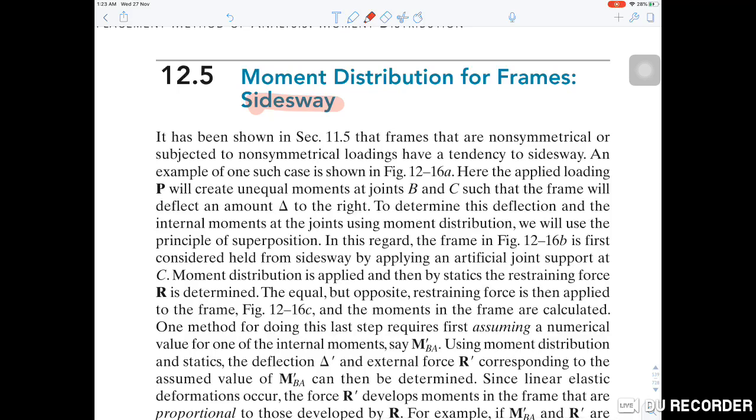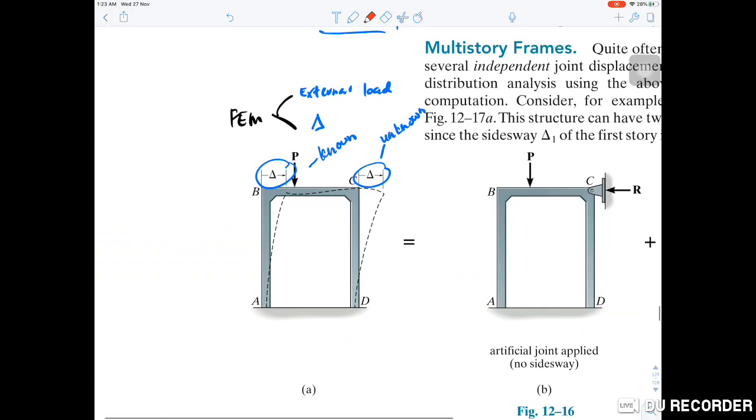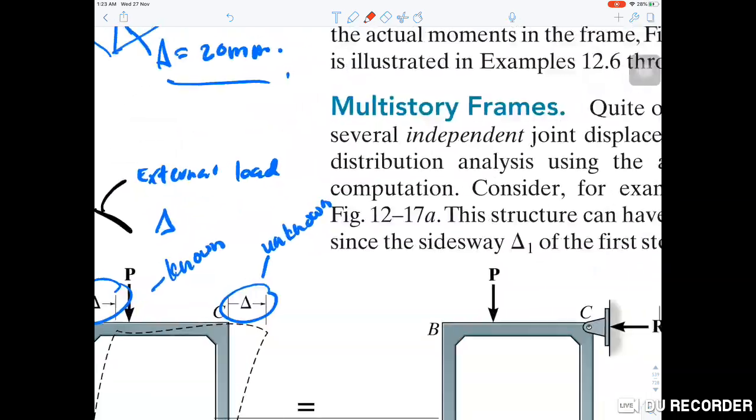The frame in the figure just now is non-symmetrical, subjected to non-symmetrical loading. It is a non-symmetrical frame due to non-symmetrical loading and has a tendency to sidesway because it is unsymmetrical, and this is not properly restrained, right? So this is a sidesway frame.